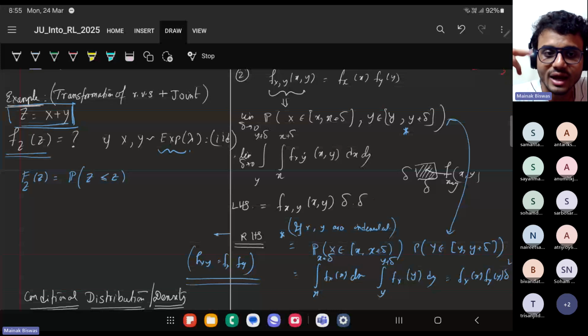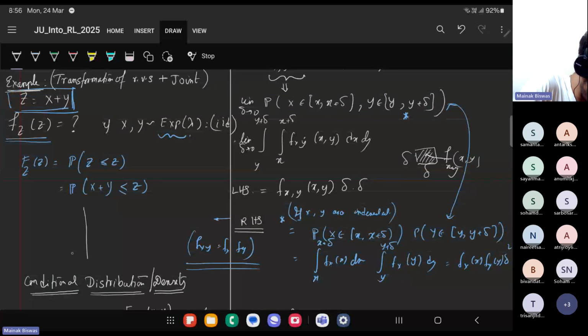So if I have to find the integral in this, first of all, tell me, how does this area of importance look? Do you agree it looks like this? x plus y equal to z, and x and y are anyway greater than 0 because they are exponential.